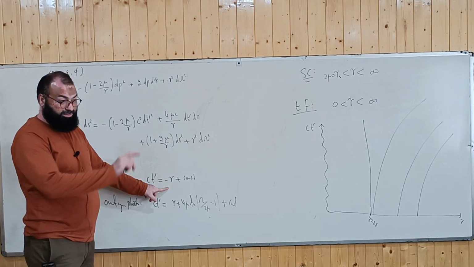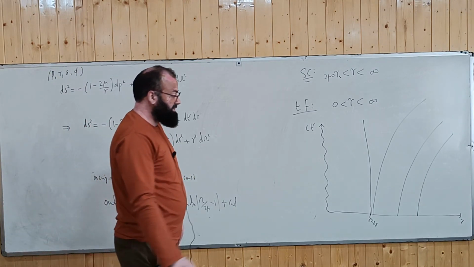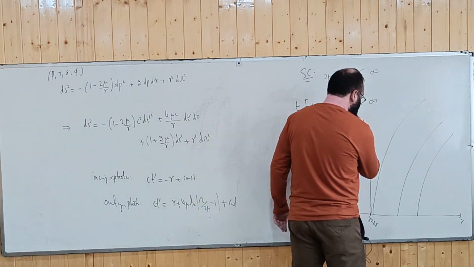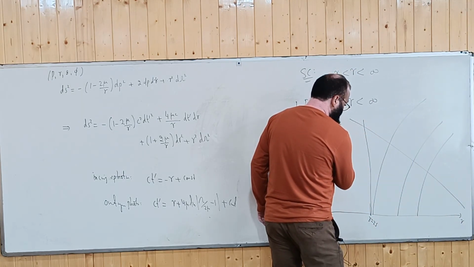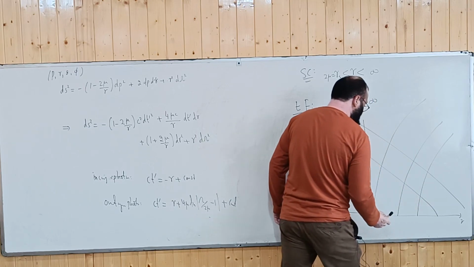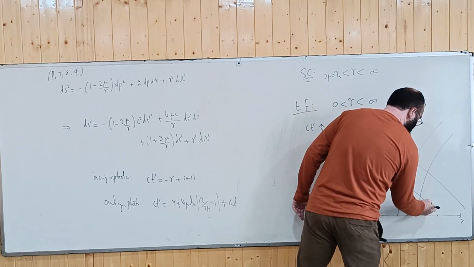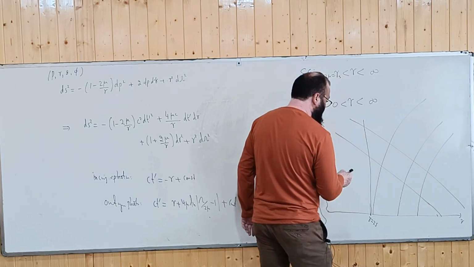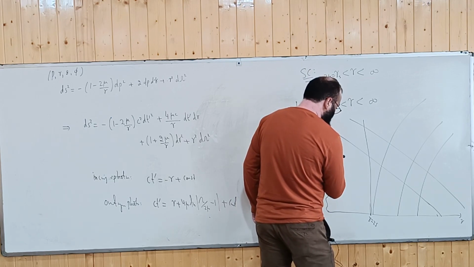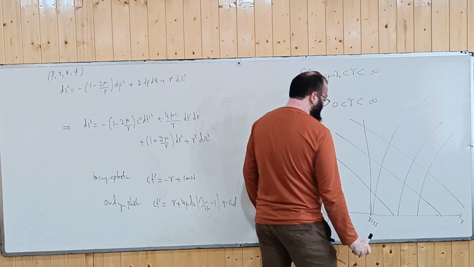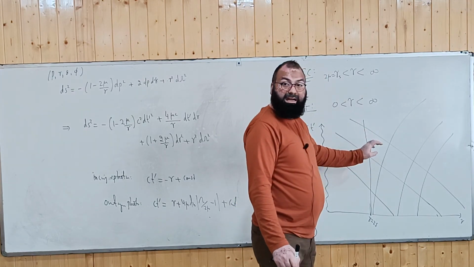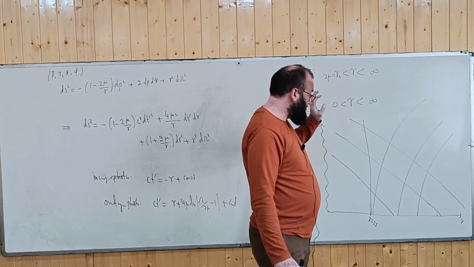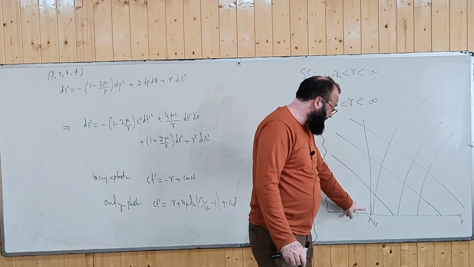The slope is -1, so it's something like this. Let's draw them as straight lines, because it's a straight line. So this line, the ingoing photon line, is a continuous line, but the outgoing is discontinuous.